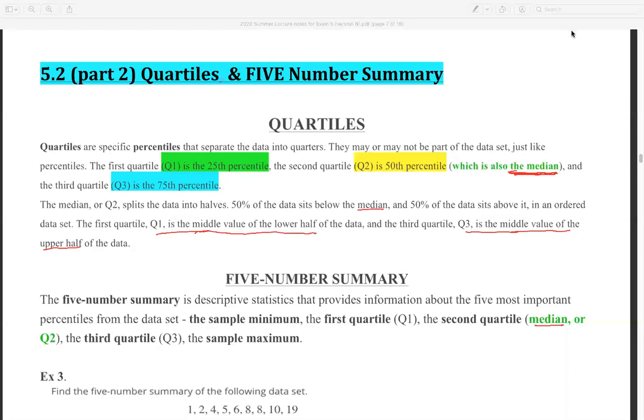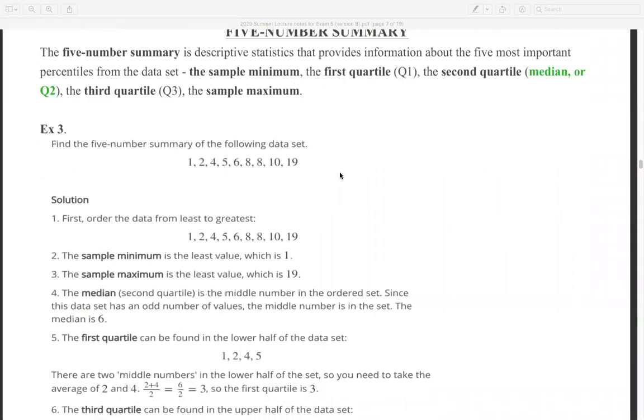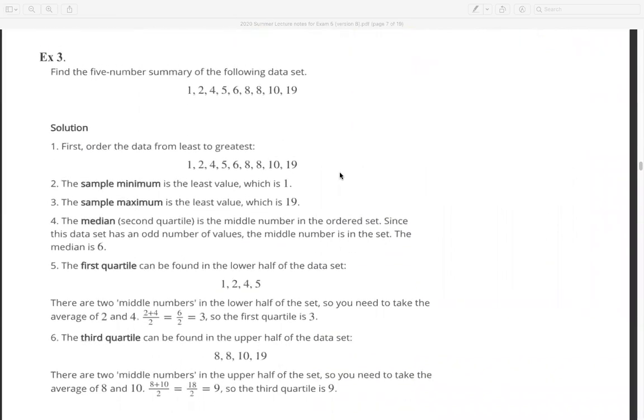Need to scroll down here. Go ahead and do that. All right, so let me go ahead and write out a little chart here. What we're going to do is find the minimum, Q1, Q2, Q3, and the maximum.